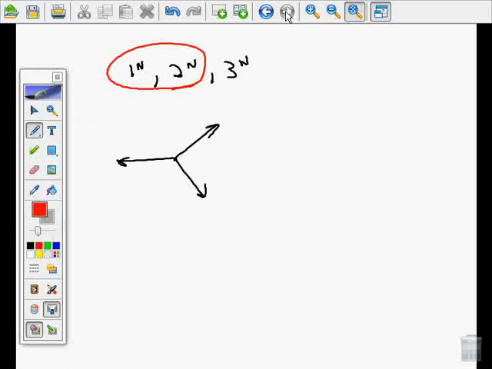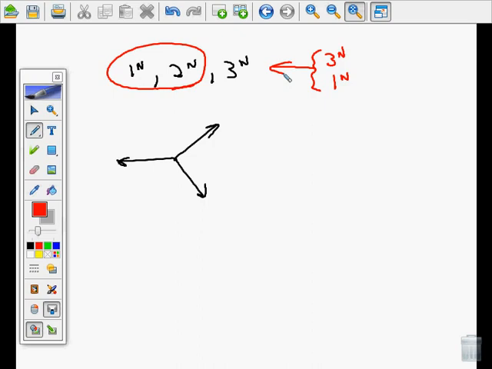So the biggest they could add up to is 3 newtons. The smallest they could add up to is 1 newton. And then you ask yourself, hey, would it be possible for them to balance out that 3rd newton? And the answer is yes, it would be possible. Sometimes the answer is no, though.